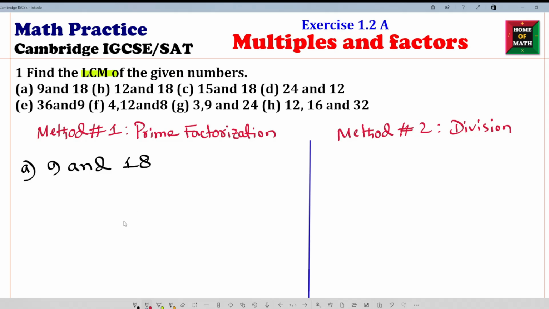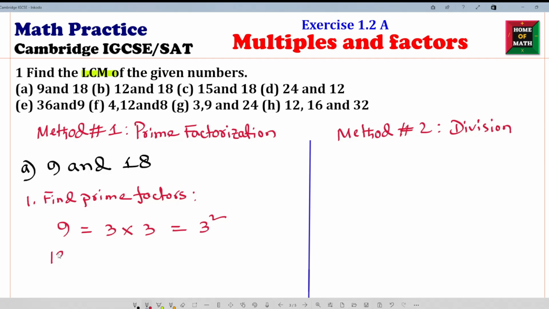So first, find the prime factors. Step 1, find the prime factors. Okay, so how? 9 we can write as 3 times 3, which means 3 square, right?